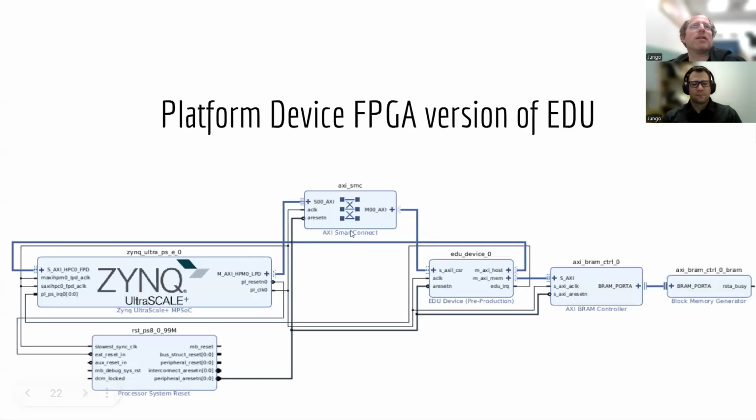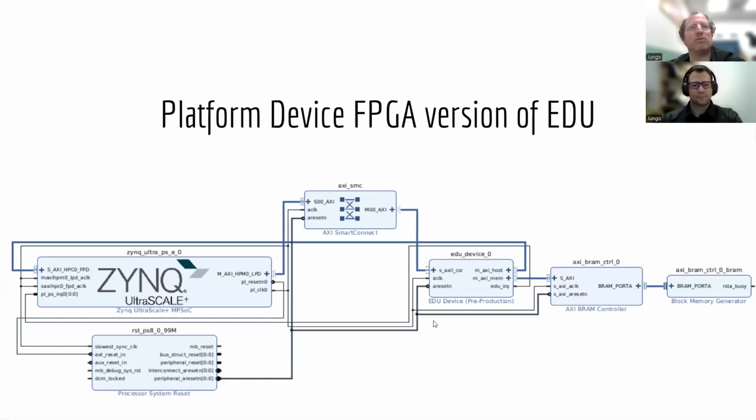So let's look at Edu again. Shlomi worked with Edu to show you the PCI version of WinDriver. And now let's look at the platform device version. You see, that's the same logic that we had from before, but now instead of being connected to a PCI IP, it's connected to this Zynq UltraScale+ MPSoC IP with all these other blocks lying around.